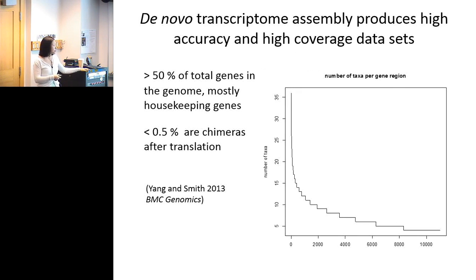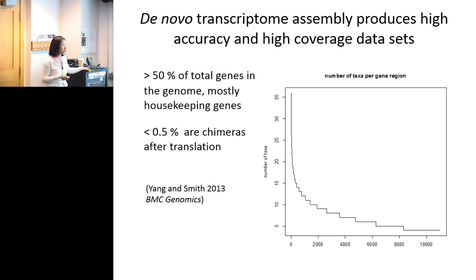But I started out and did benchmark studies, looking at species with a genome that also have high coverage transcriptome. Usually around 50% of total genes in the genome, usually housekeeping genes, are pretty accurately assembled using de novo methods, which is counterintuitive for a lot of people.